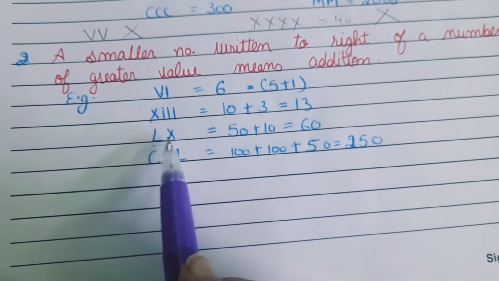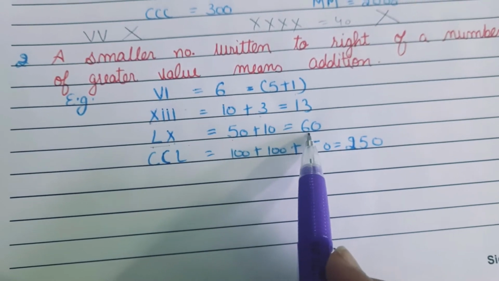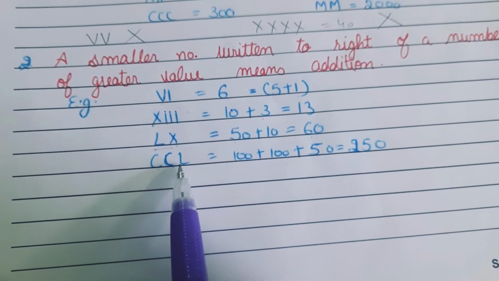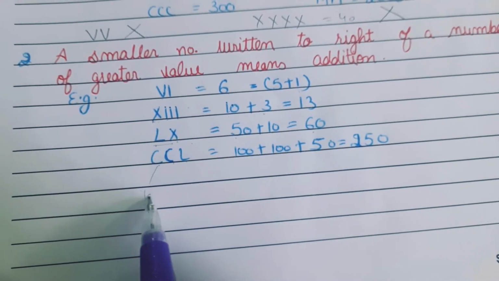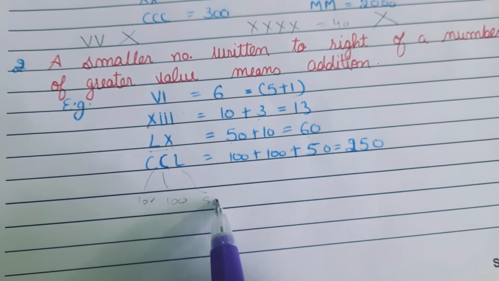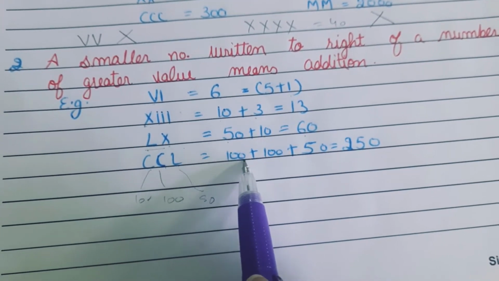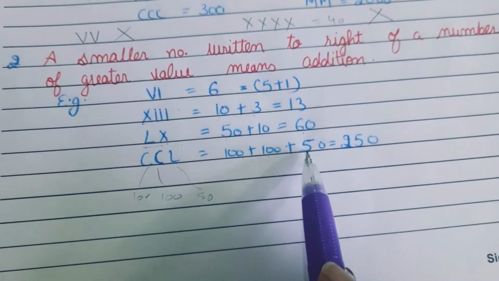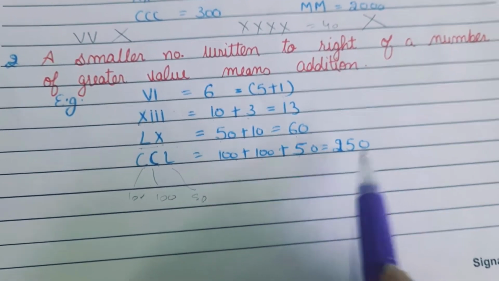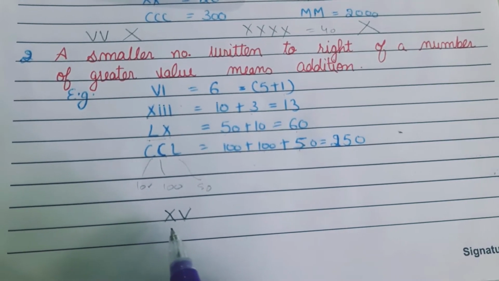So 50 plus 10 equals 60. If I write CCL, here C is 100, again C is 100 and L stands for 50. So 100 plus 100 plus 50 equals 250. Right?